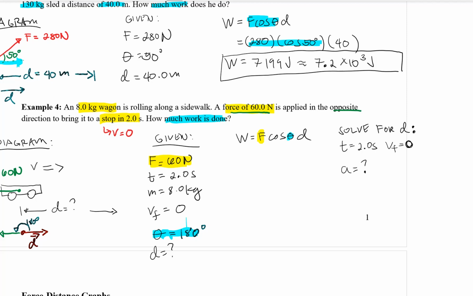Well, remember that kinematics and dynamics are related to each other. If you can remember, Newton's second law tells us that the net force acting on the object is equivalent to its mass times its acceleration.